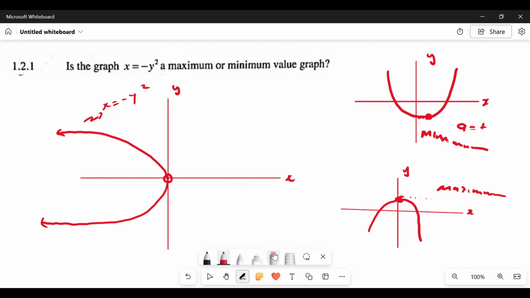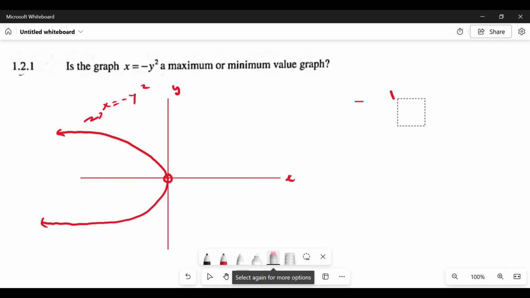Now, since our graph is inverted, we also invert how we check whether it's maximum or minimum. Instead of using the y values, we use the x values. If you can see our graph here, it cuts at 0 here, and then it moves towards the negative x.